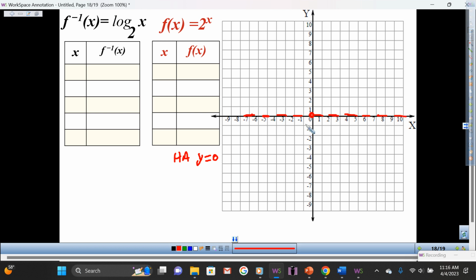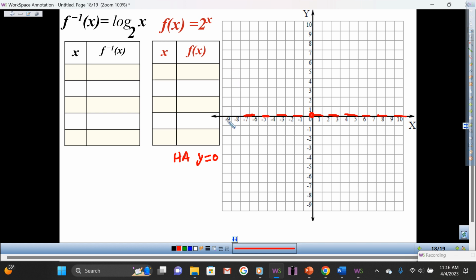Okay. Next, remind your neighbor, what are the 3 points that we use for exponential functions, for the parent function? What are the 3 points? Looks like Caleb's got it. Very good. Diego Rosa's got it.